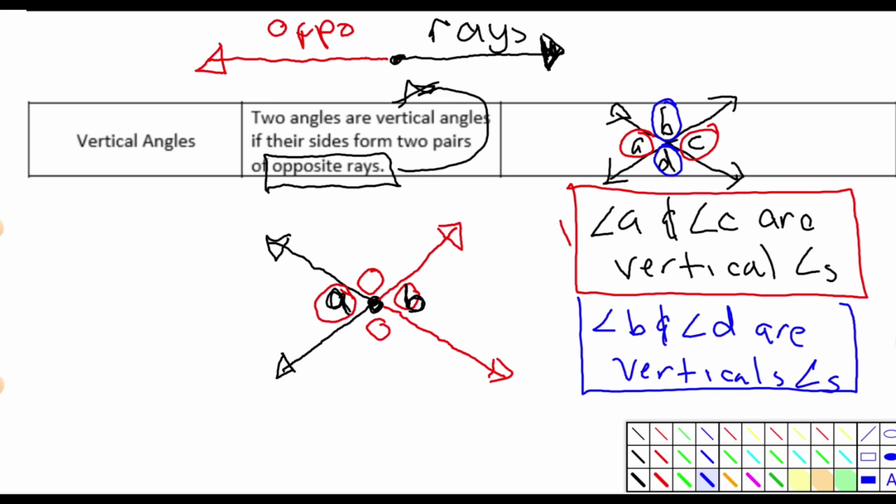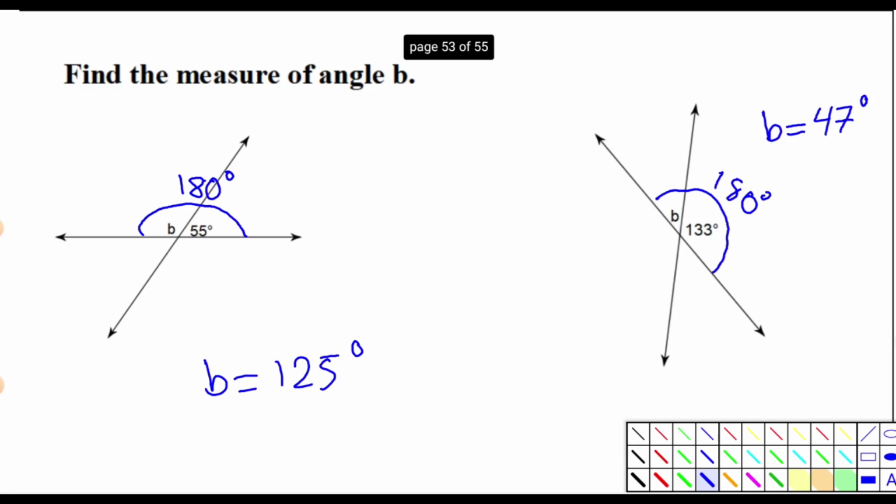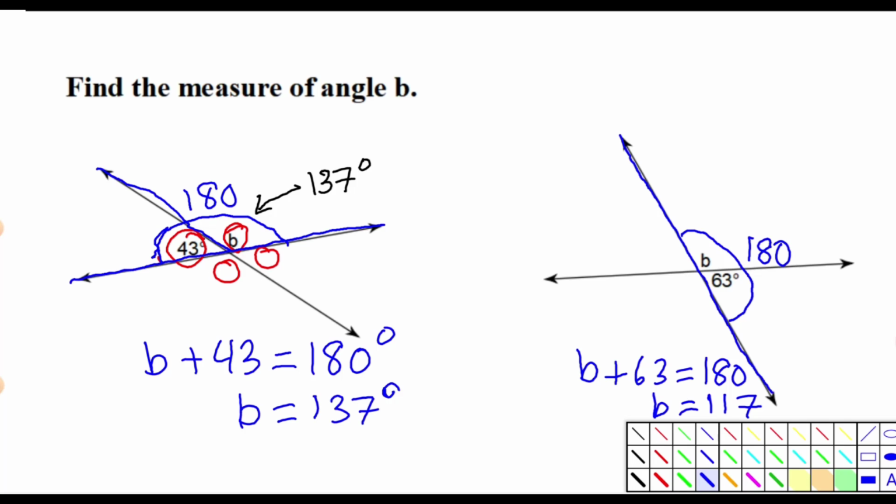So now let's go backwards a little bit and take a look at this, and maybe you'll start noticing things. One thing I want to do is see if we can figure out the measure of the angles that are missing. Let's go back to this first problem.